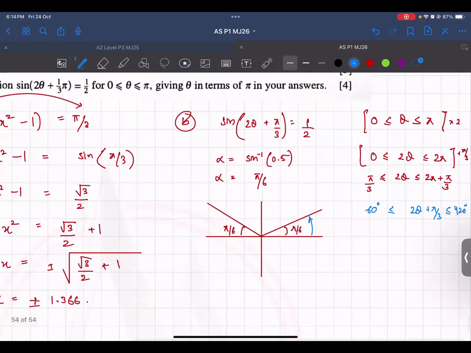So you will look at the second answer. The second answer is part of the solution. So 2 theta plus pi by 3 equals pi minus pi by 6, and then you can rotate it once more, so that will be 2 pi plus pi by 6.